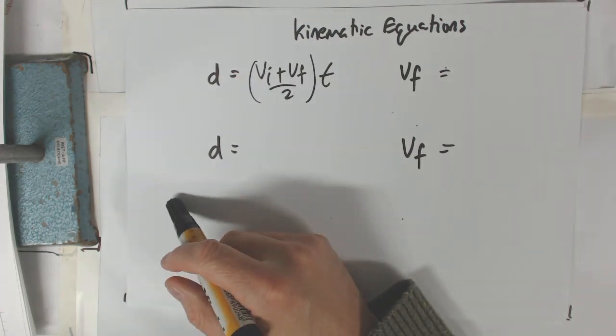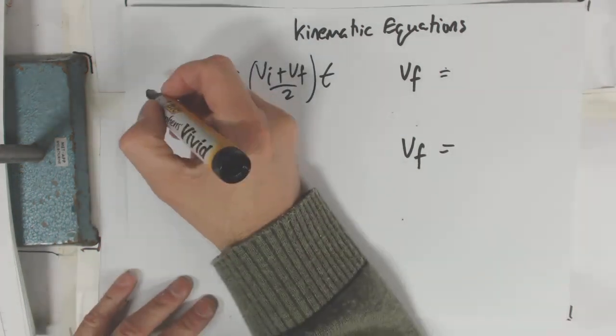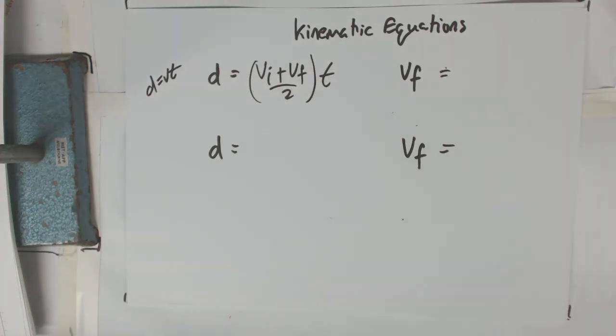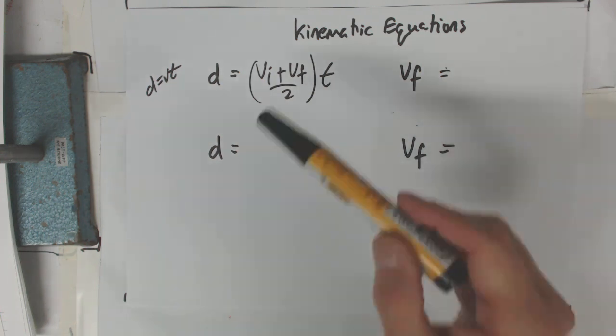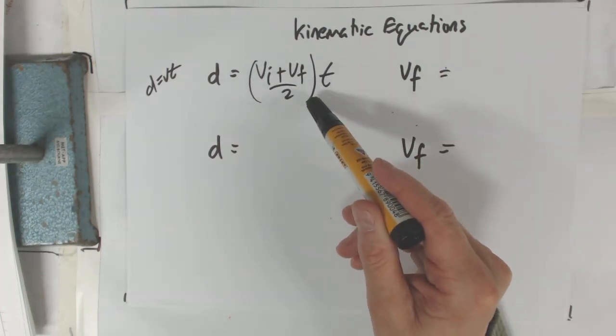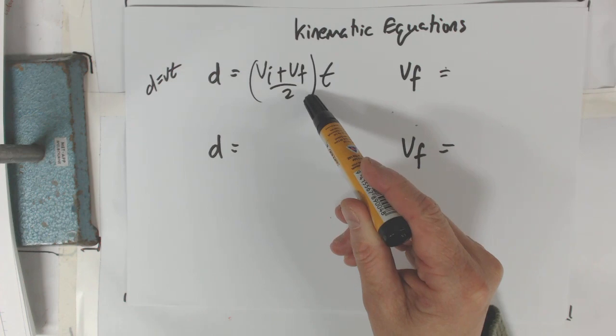That's an average velocity. So this is a little bit of a repeat of d equals vt, but we've used an average velocity. That's an important one though, because again, this is all assuming a constant acceleration. So these equations are not working for an acceleration that's not constant.